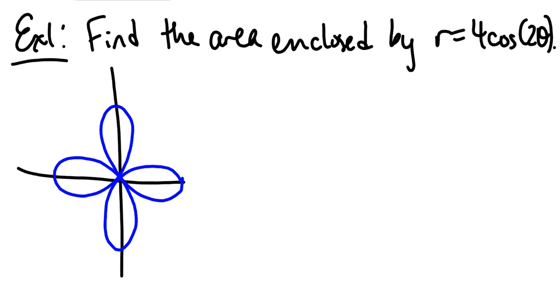And so I propose that we look at theta equals pi over 4 and theta equals 0 and find this area and then multiply by 8. Because there are 4 leaves and this is half of a leaf, and we know it's half of a leaf because we can take 0 to 2 pi and break it up into 8 little regions.